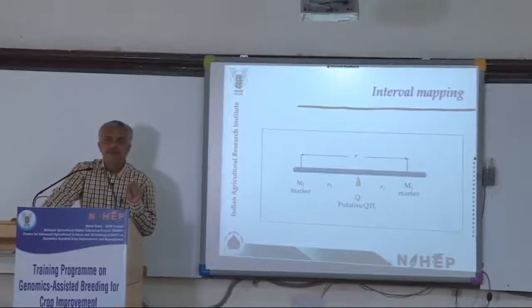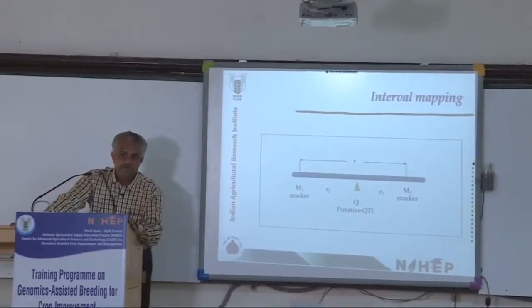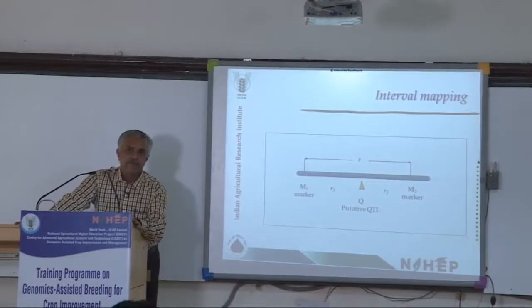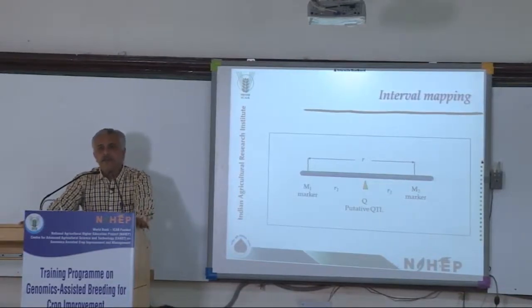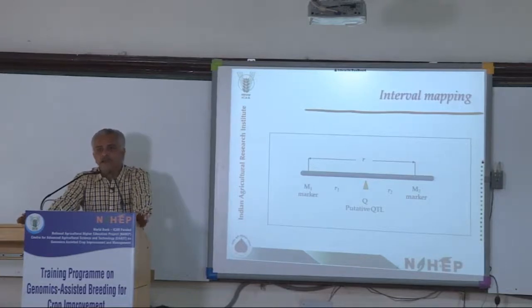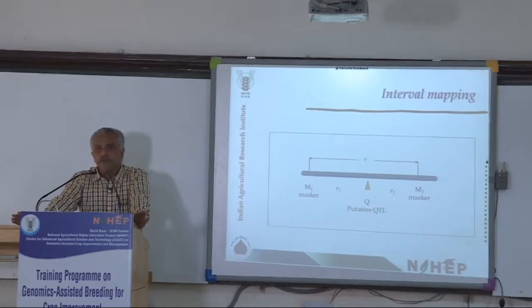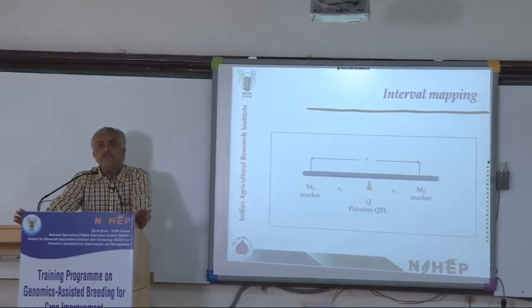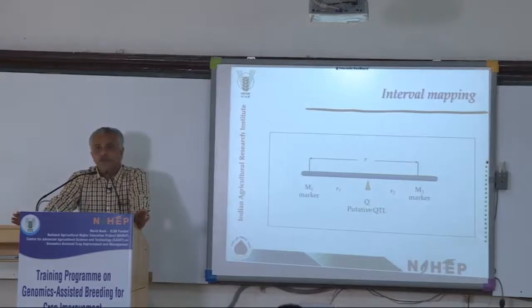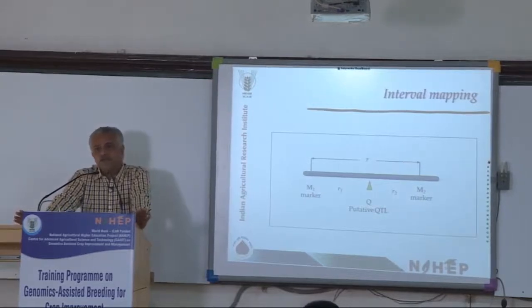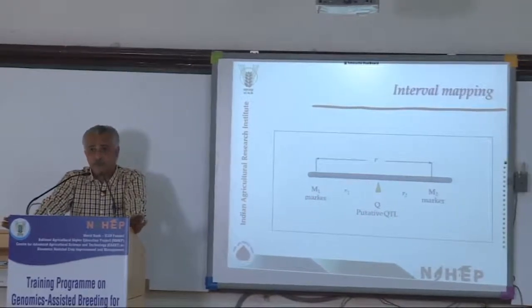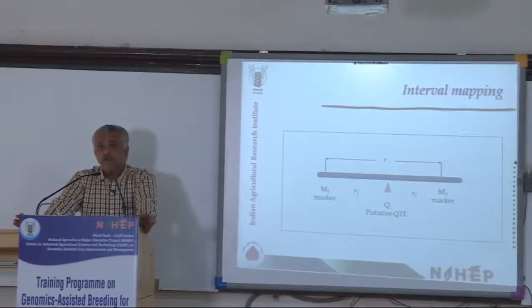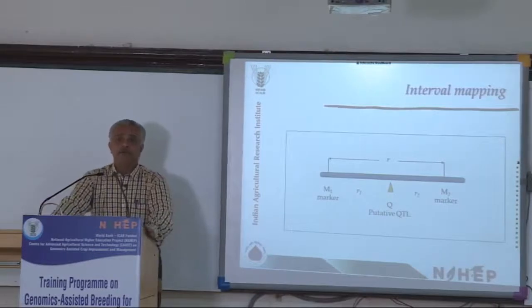What about the peak marker? If we have a peak marker, isn't it better than using 2 markers? Yes, if you can get the peak marker, but at this point of time in the mapping, we don't have any idea about the peak marker. If you have the peak marker with you, fantastic. But these are all random markers we are using in the mapping process. So, the peak marker comes in the next point.